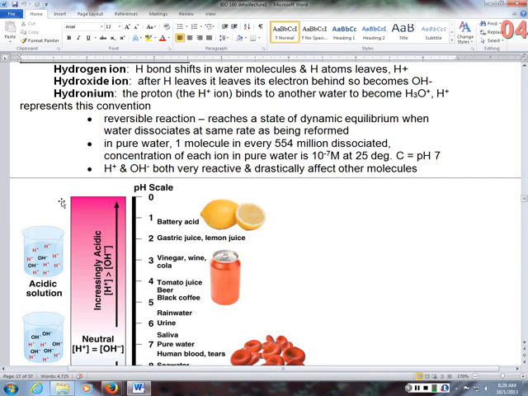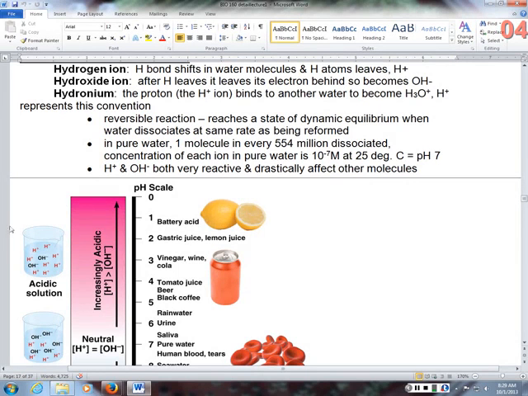So in pure water, what you have is one molecule in every 544 million is dissociated. So your concentration of each ion in pure water is 10 to the negative 7th molarity at 25 degrees Celsius, which comes out to be a pH of 7.